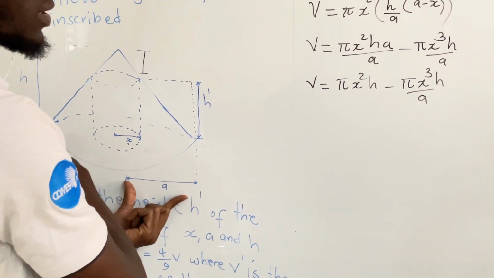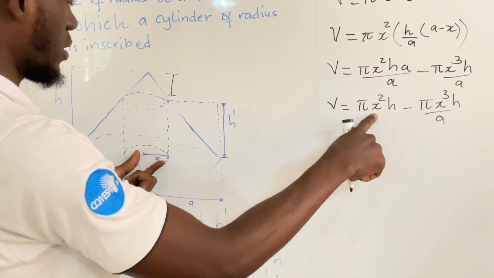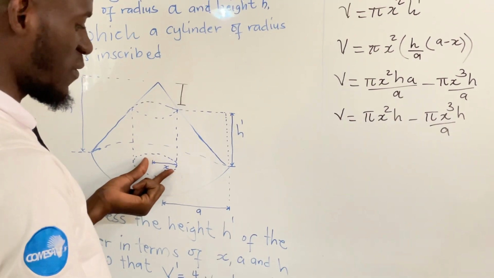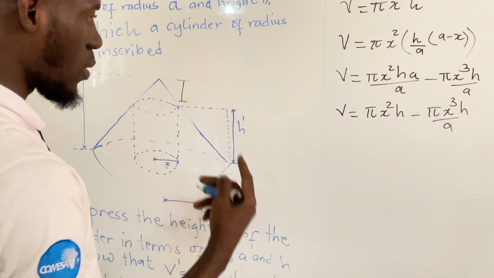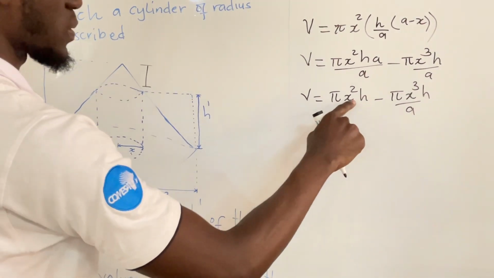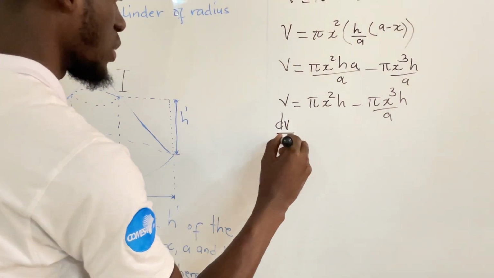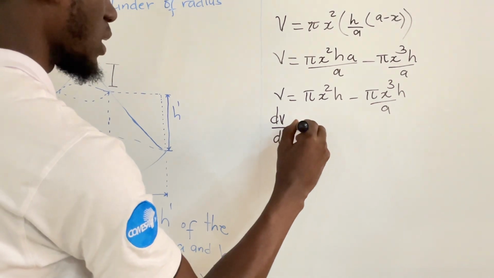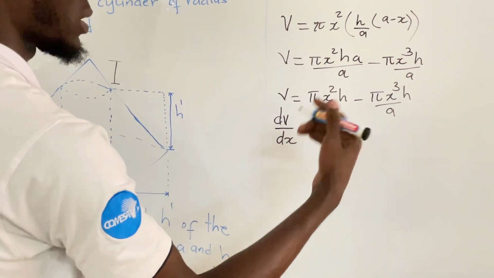So this means that if you are to differentiate, you are going to differentiate with the radius of the cylinder, because they say v prime is the greatest volume of the cylinder. So what values of a cylinder in this expression is x. So it means that here we shall differentiate with respect to x, because x is directly attached to the cylinder, not the h, which is for the cone.